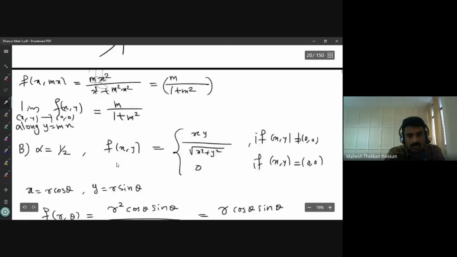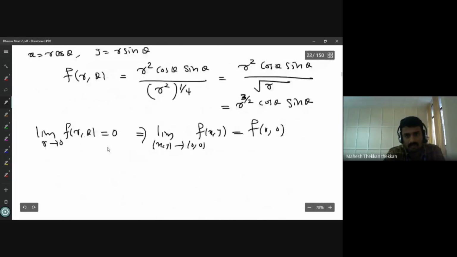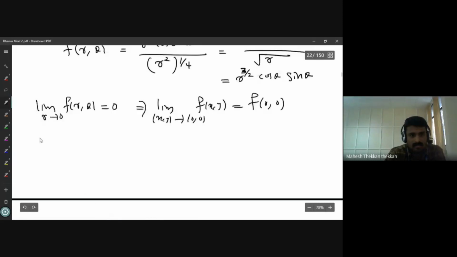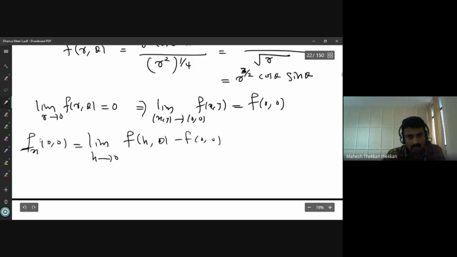Okay. Now I wanted to look at the differentiability, whether the function is differentiable at 0, 0. So first, again as in the case, you look at the partial derivative with respect to x. What do you get, fx at 0, 0? Fx at 0, 0 is limit h tending to 0, f of h comma 0 minus f of 0, 0 by h. What is that?